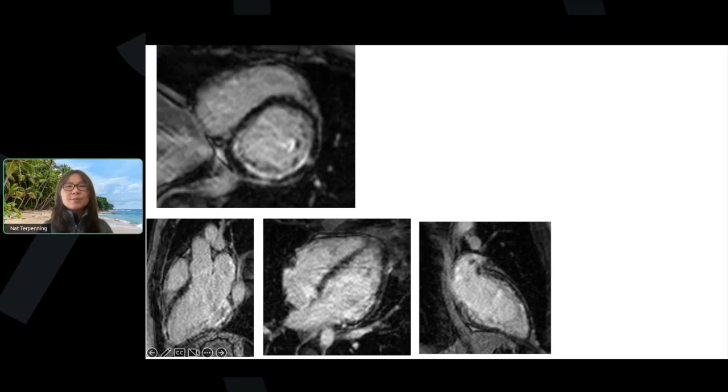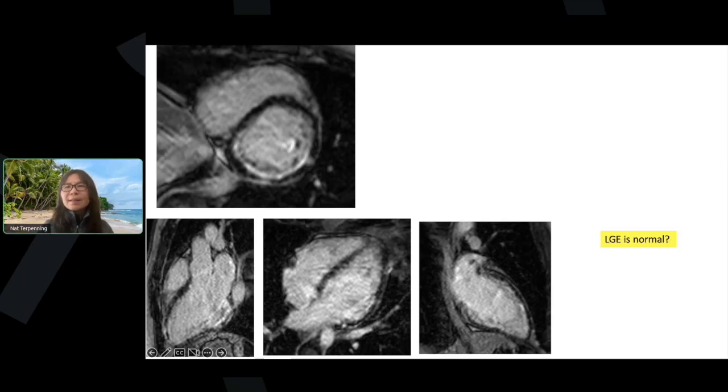Because here we see subendocardial enhancement, right here. So when we see subendocardial enhancement, okay, is it ischemic heart? Is it amyloid? Right. So this one, the heart looks a little bit on the big side. When you look back here, maybe something here, or maybe you don't even see anything much here.